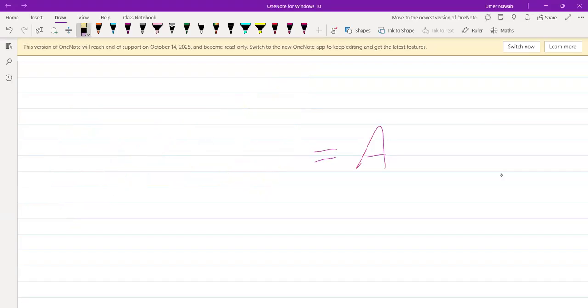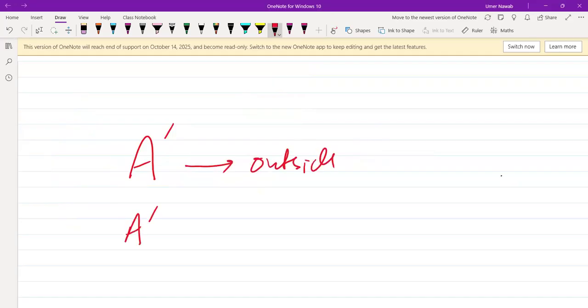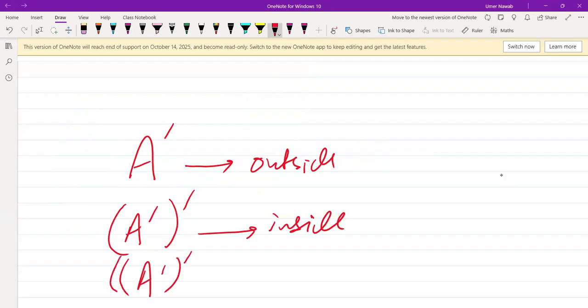Or, when I say A complement, it means I am outside. But when I say again take complement, I go inside. If I take again complement, then I go outside.